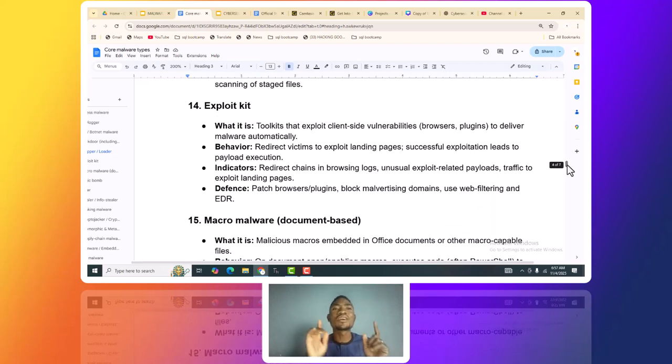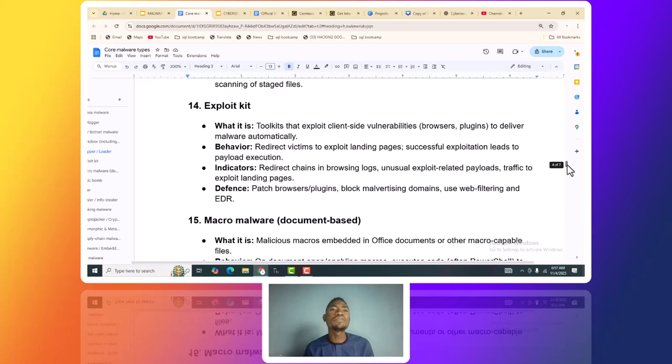There is another one called exploit kits. I know you might not have heard about this. However, exploit kits are toolkits that exploit client-side vulnerabilities, like in browsers or plugins, to deliver the real malware automatically. It exploits a vulnerability, like one that affects your browser, so that it can automatically download the malware and install it on your devices.